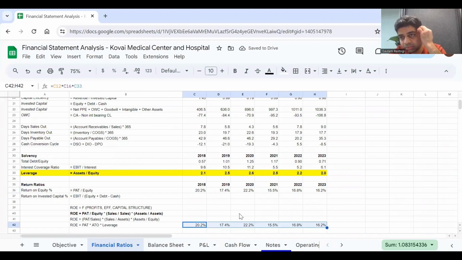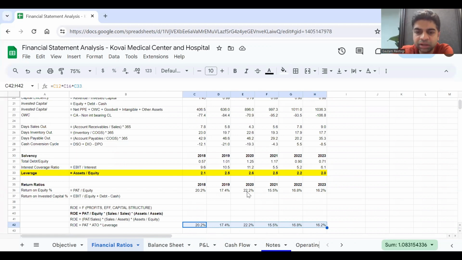So this DuPont analysis helps us explain why ROE is trending the way it is. You see ROE was high early on, and then it was again high in 2020, and then it dropped.